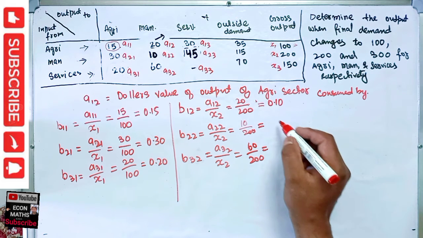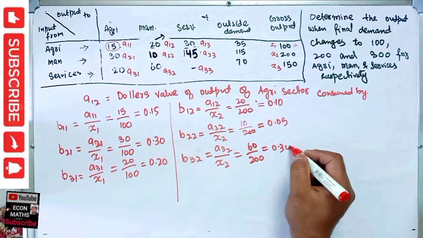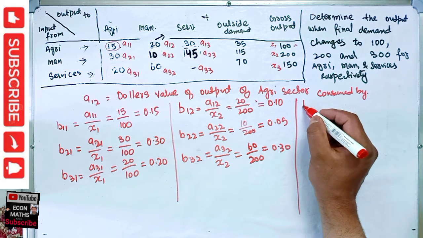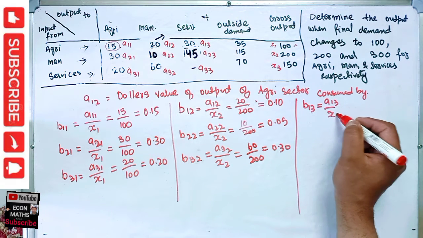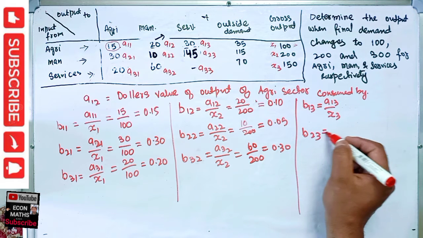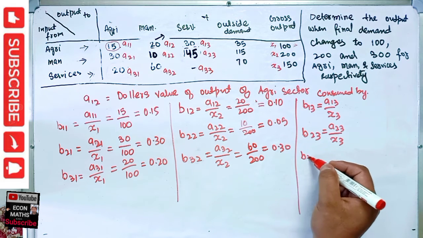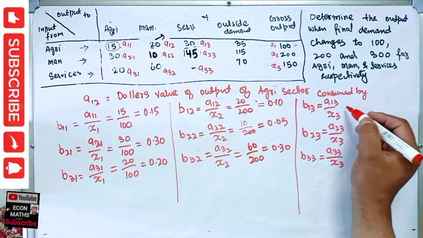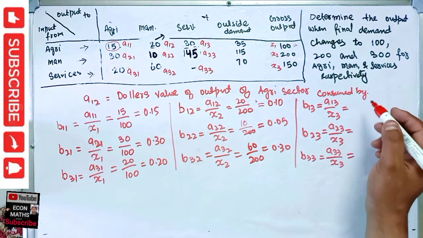0.10, 0.05 and 0.30, as I have calculated them. Similarly, we can calculate B13, which is equal to A13 divided by X3, and B23 is equal to A23 divided by X3, and B33 is equal to A33 divided by X3.